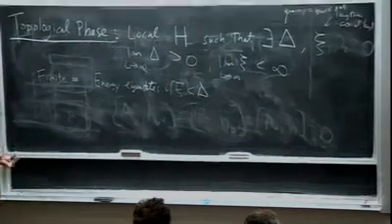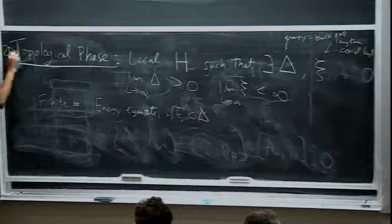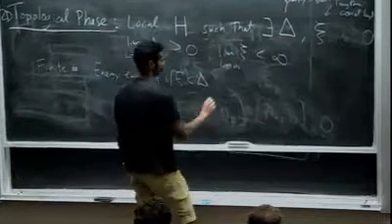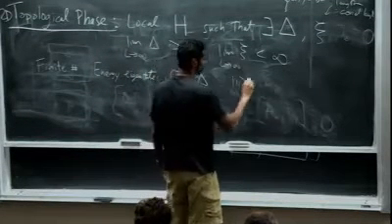Let me be a little careful. This is a 2D topological phase. I have a finite number of energy eigenstates, E less than delta. Let's call them 1.